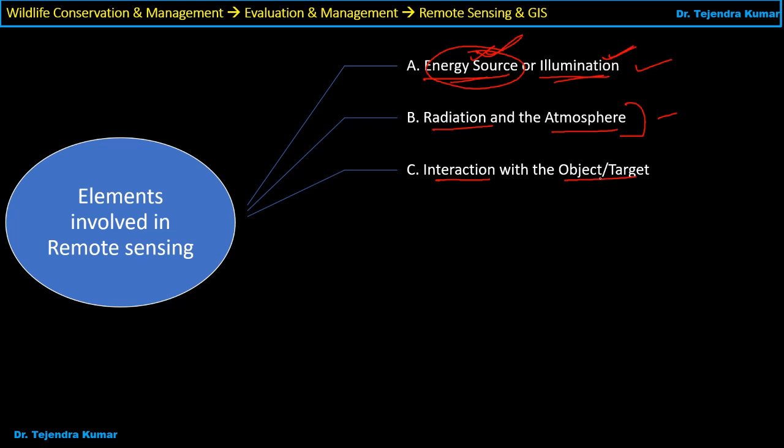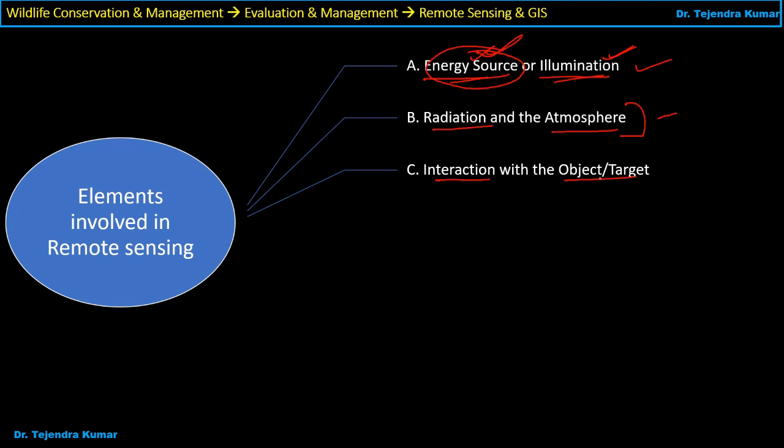So there are different types of mechanisms and activities happening, and we are observing those things. The satellites or other sensors available there are sensing the energy which is coming back to them.